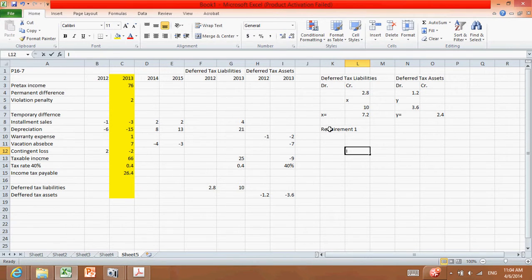I also have deferred tax assets that is calculated from my T account here. Then the last item is income tax expense, which is the plug number. Total of my credits minus debits.